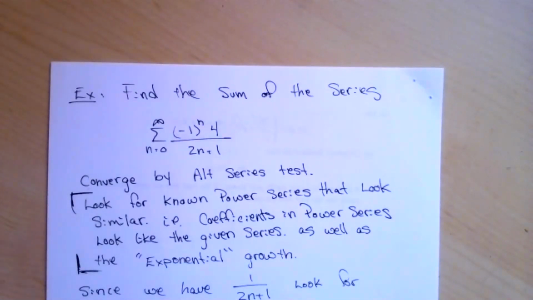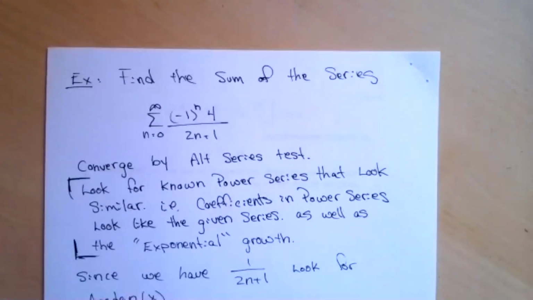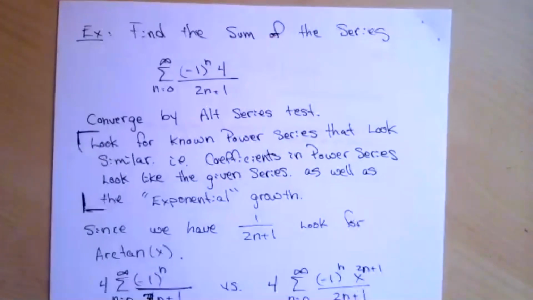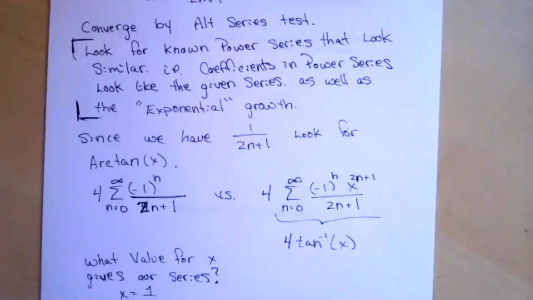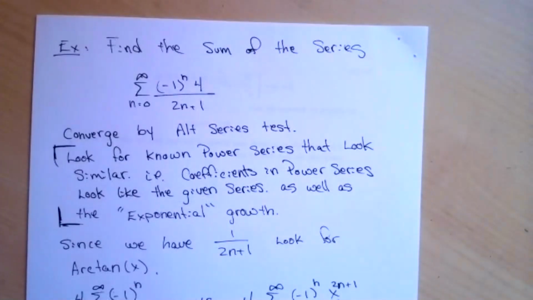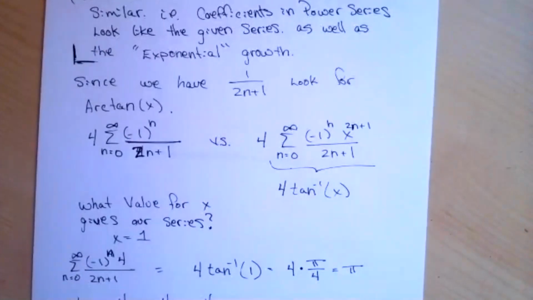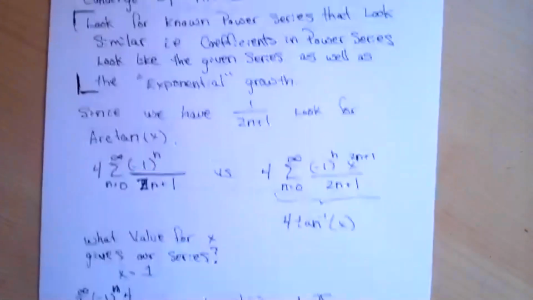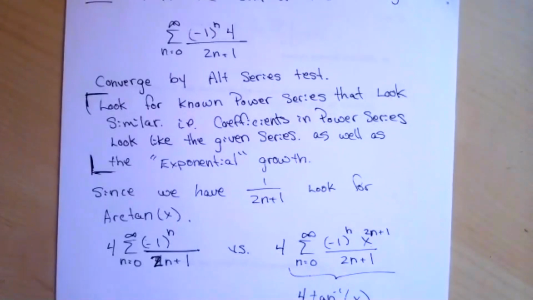There will be problems where you have to determine whether a series should converge or diverge. And then you might potentially have to find the sum of a series. Now, instead of just using geometric series, we have a whole list of functions that we might have to evaluate based on recognizing power series.